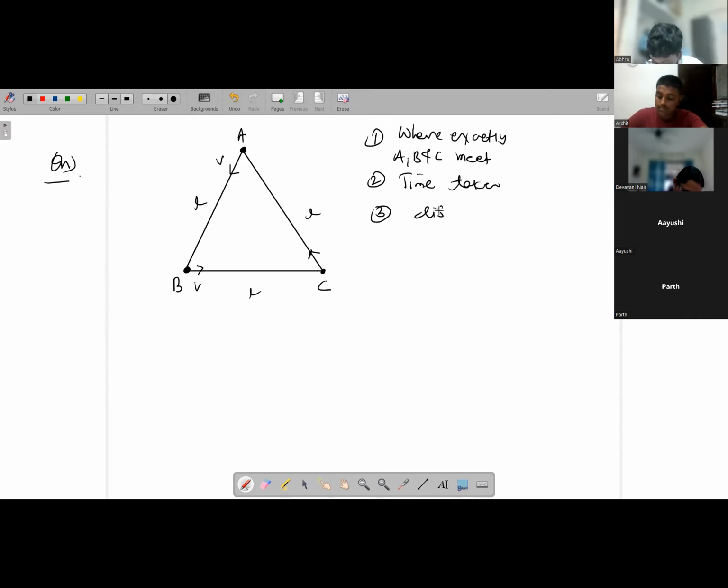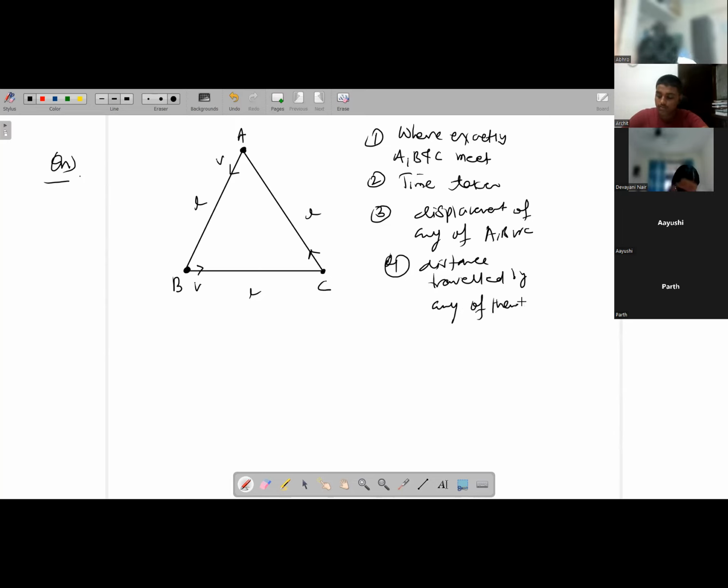Third, displacement of any of A, B and C, any one of them. And D, distance traveled by any of them. Just take 2 seconds, then answer.